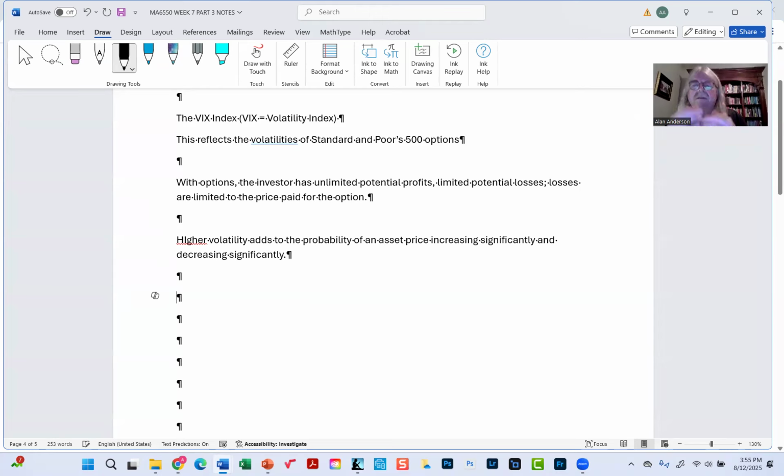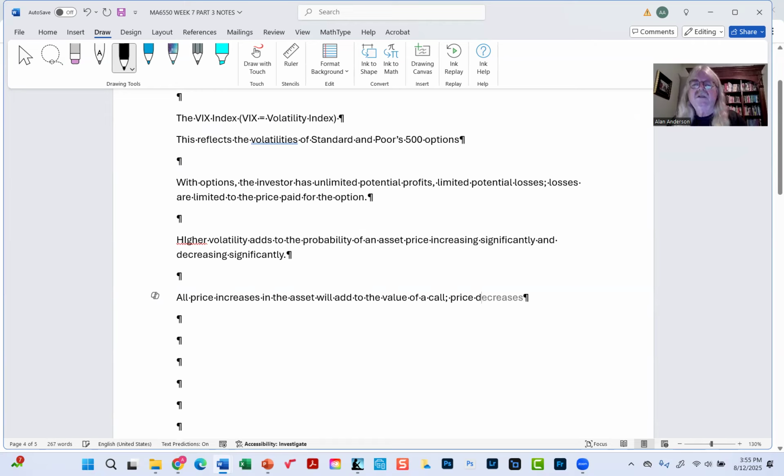So now, how does that help options? Because look what's going to happen. All price increases in the asset will add to the value of the call.